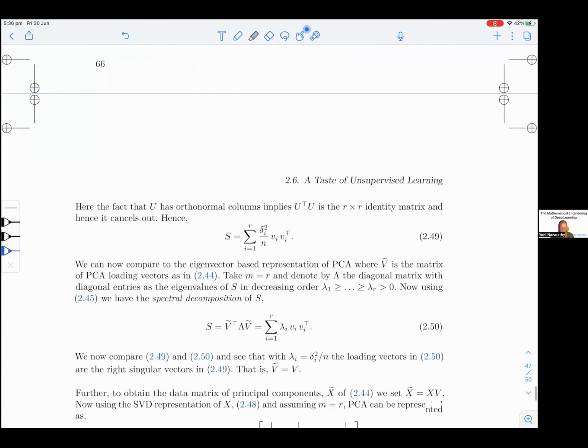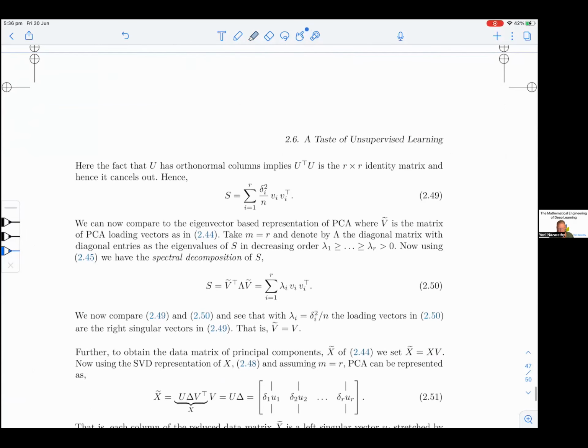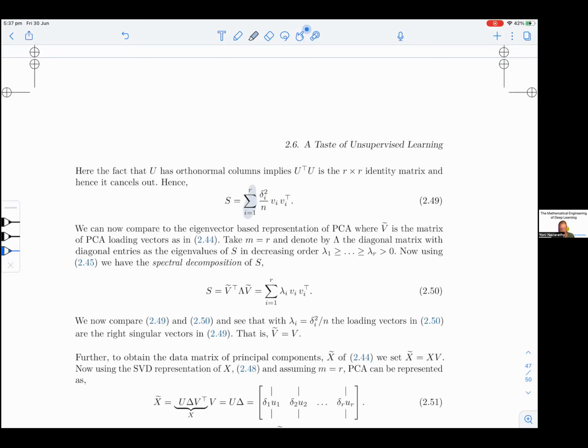Here, the fact that U has orthonormal columns implies that U transposed U is an R by R identity matrix, and hence it cancels out. Hence, S is the sum over i going 1 to R, the rank of the data matrix X, of the singular value squared divided by n times these outer products, v_i times v_i transposed.